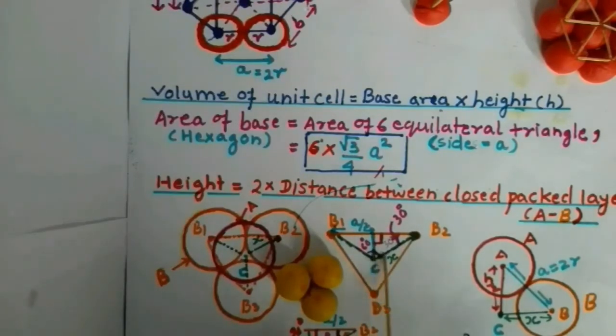It will bisect the angle as well as the side. So this distance will be equal to A by 2. This is also equal to A by 2.